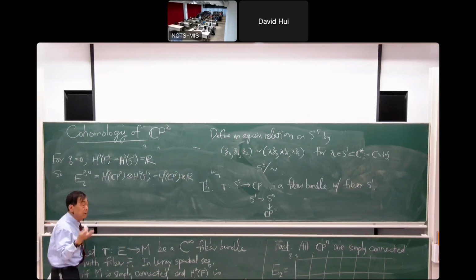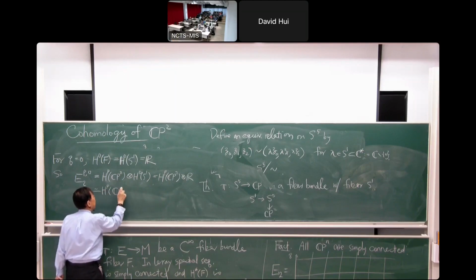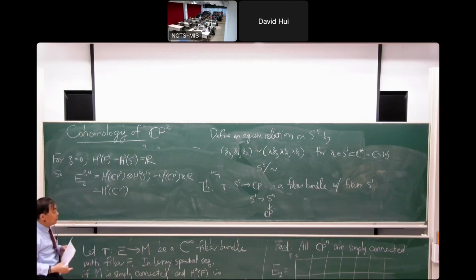Remember, we have a lemma. When you tensor with R, you get the original space, HP of CP2. So what that says is that in the 0th row, you just have the cohomology of CP2.